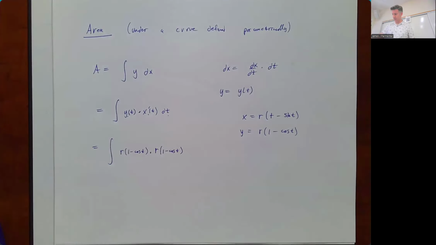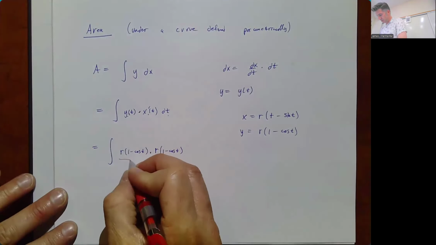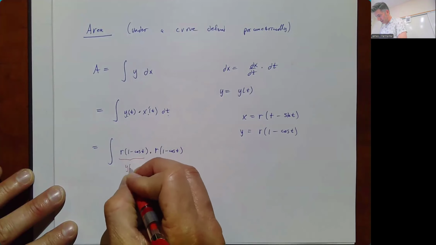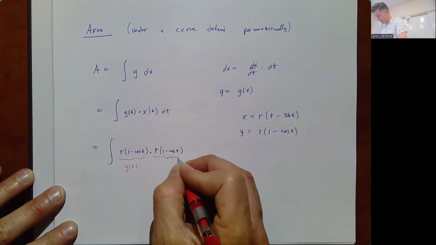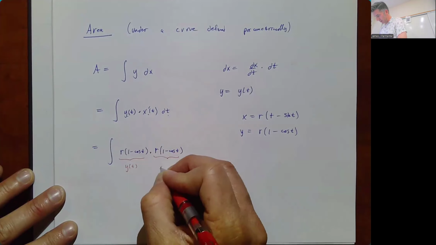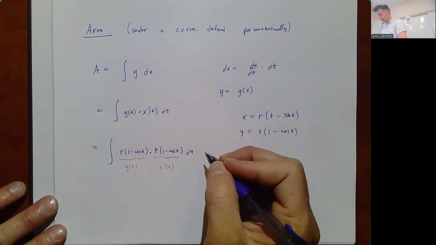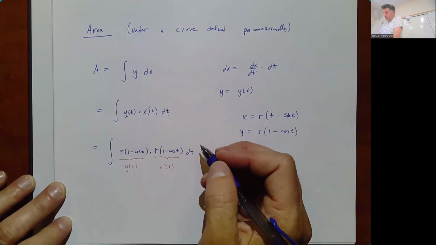Let's label things here just to be clear. That's my y of t. It's my x prime of t. Sorry, I got a little ahead of myself here. I should have said I want the area.